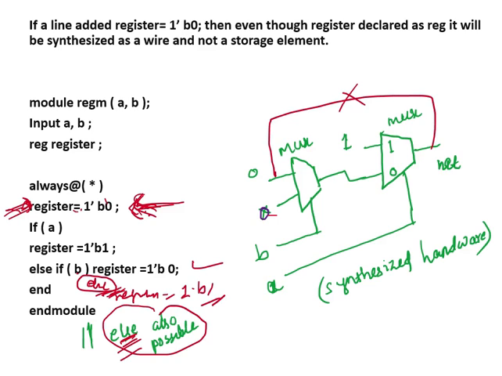So there is no feedback path here, and no feedback path means it is a pure combinational circuit, and it is a multiplexer. So this is how you have written the code. It matters actually. It is not the case that REG means your register and always means sequential logic, and WIRE means combinational logic.